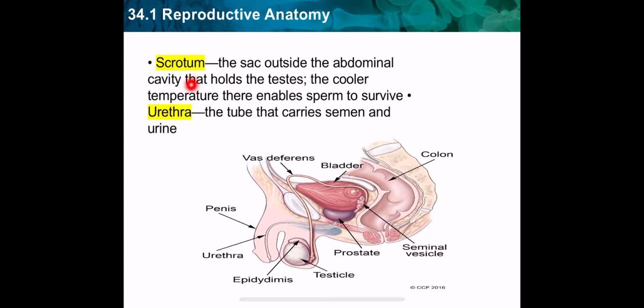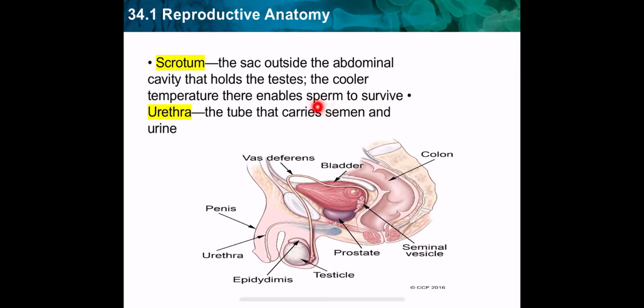After that, the scrotum. What's the scrotum? This sac is outside the body, and it holds the testes, to make sure that the temperature there enables the sperm to survive, because the sperms cannot live in high temperature inside the body.